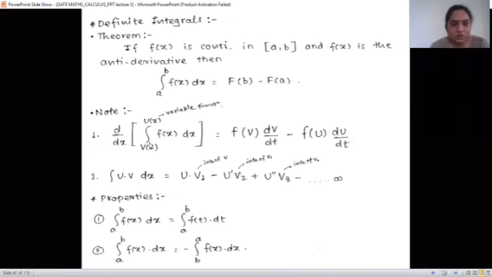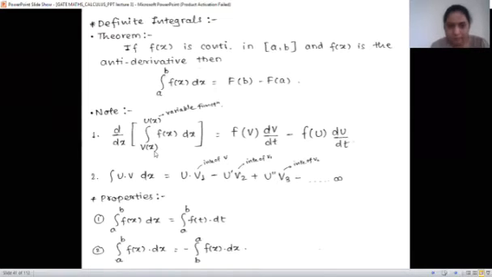So first, d by dx of integration u of x to v of x, these are variable limits, f of x dx. You have seen this in M2, I think. Integration with variable limits.